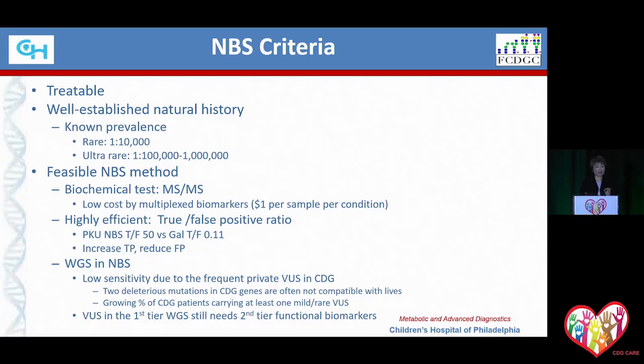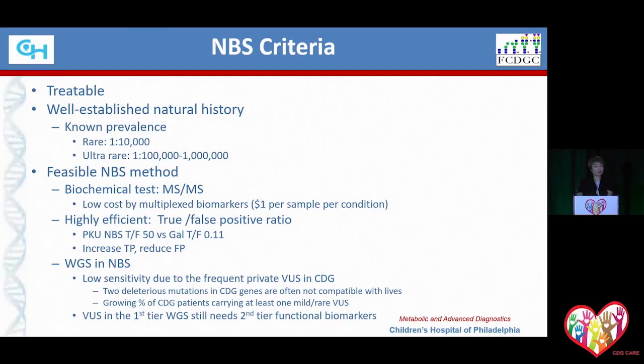So compare that to our current galactosemia screening. We have a true to false ratio of 0.11. What does that mean? We screen 10 galactosemia positives, and out of 10, only 1 of them is real. All the other 9 are false positives, and don't need any clinical intervention.